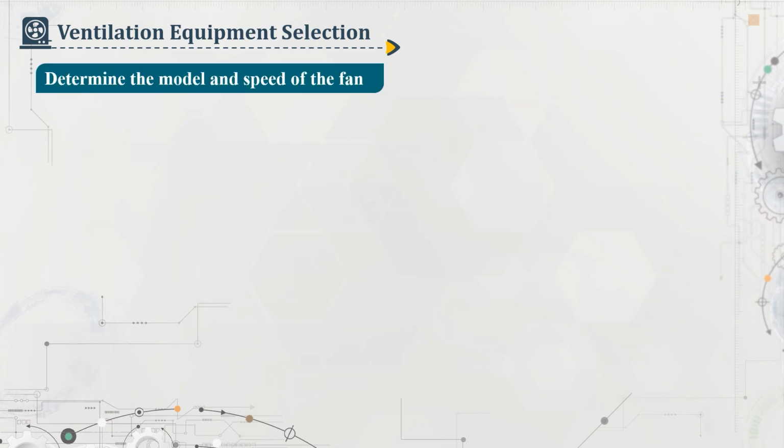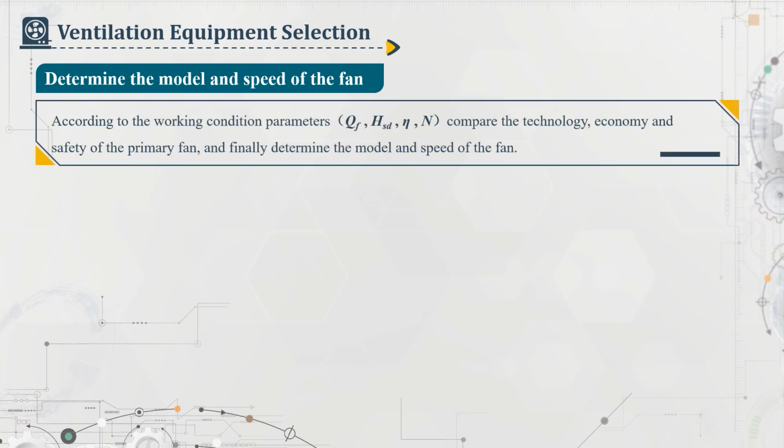Determine the model and speed of the fan. According to the working condition parameters QF, HSD, EAT, N, compare the technology, economy, and safety of the primary fan, and finally determine the model and speed of the fan.